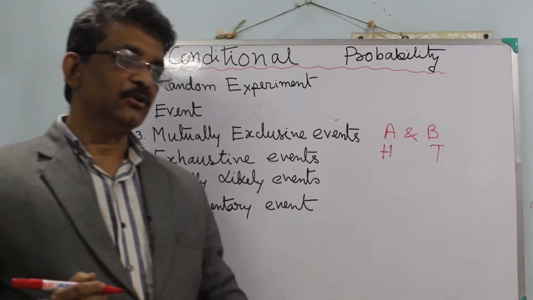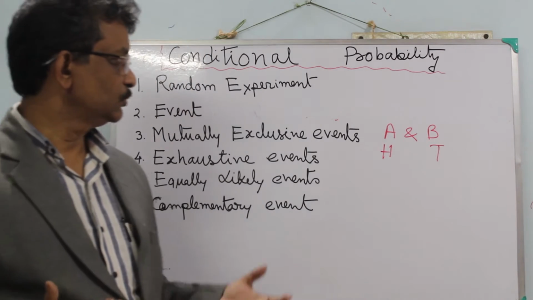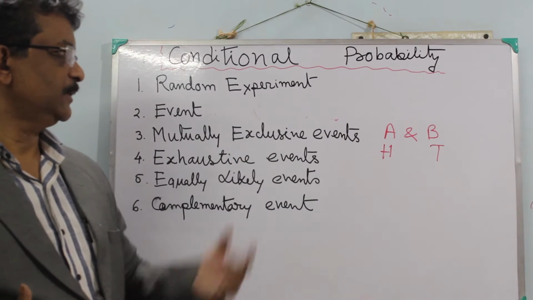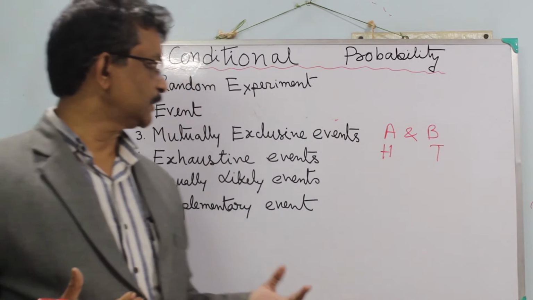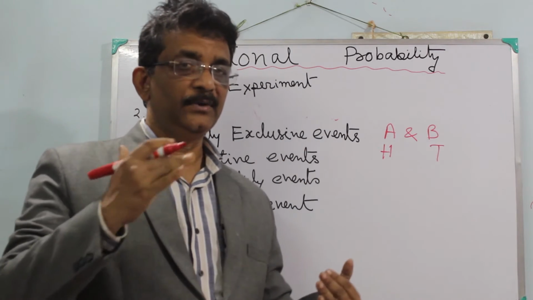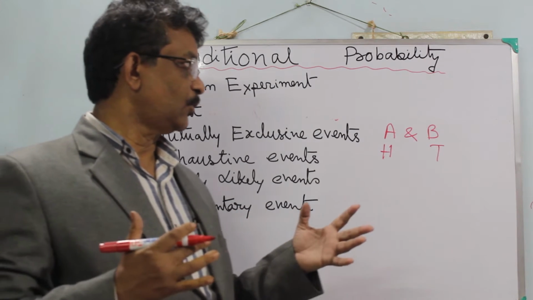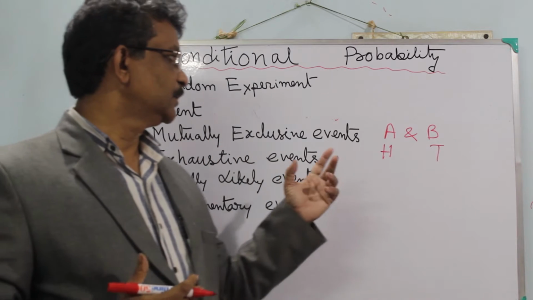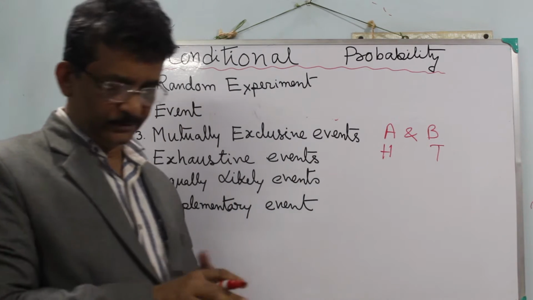If I toss a coin, can A and B both appear? No. So the events A and B are mutually exclusive events. Any two or more events are mutually exclusive if the occurrence of one prevents the occurrence of the other, that means they cannot occur simultaneously.